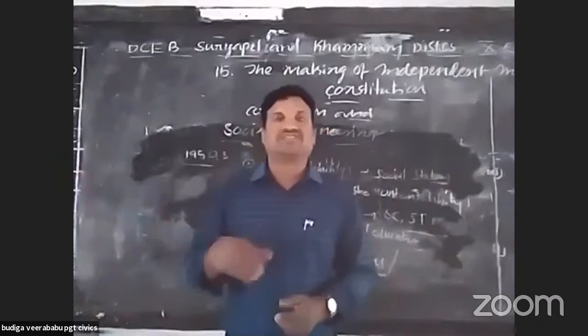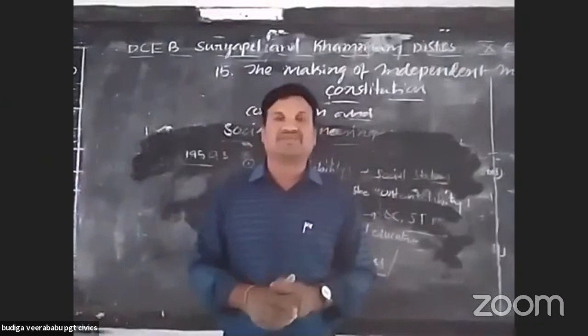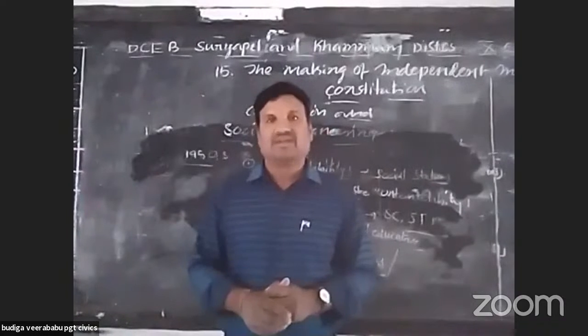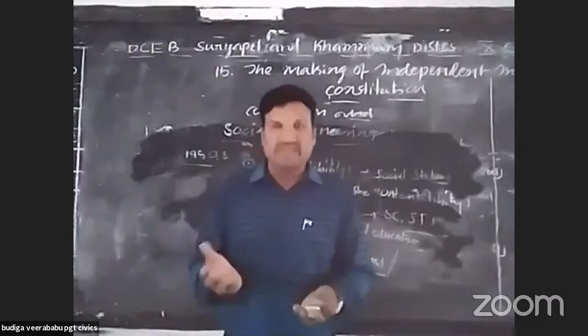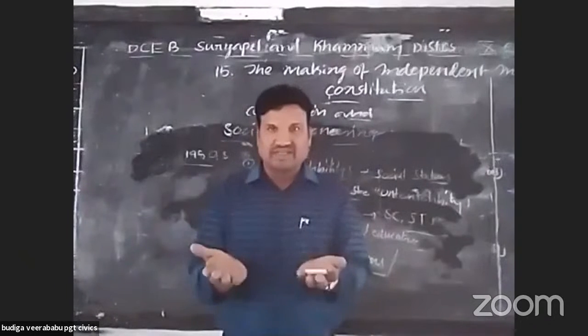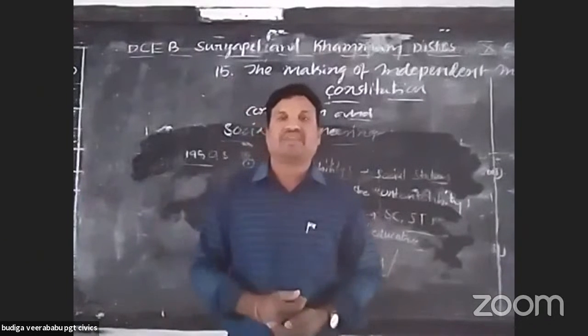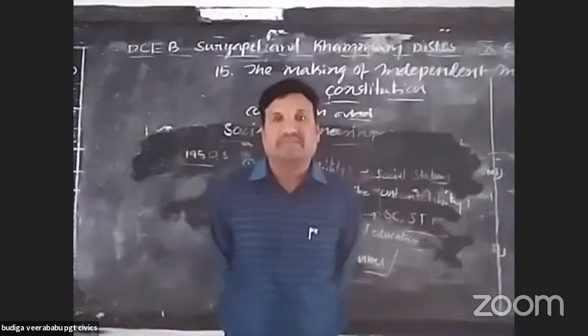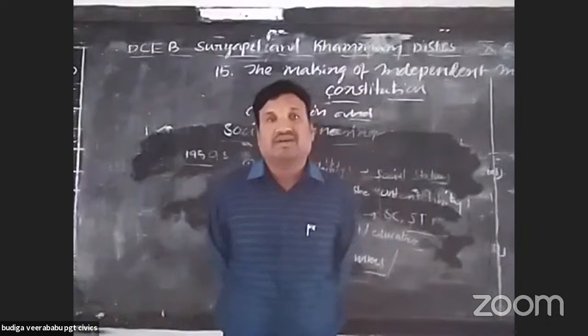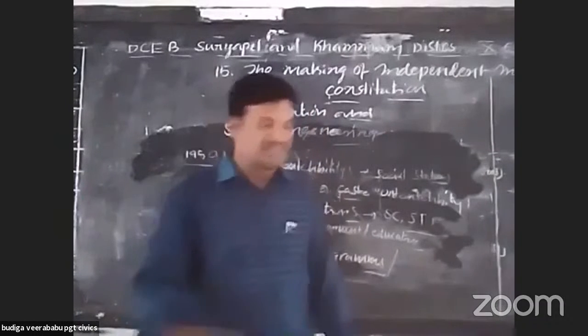All these systems were introduced by the constituent members, and it became social engineering to address inequalities and injustice in society. We want to follow the constitutional methods and the constitutional system.